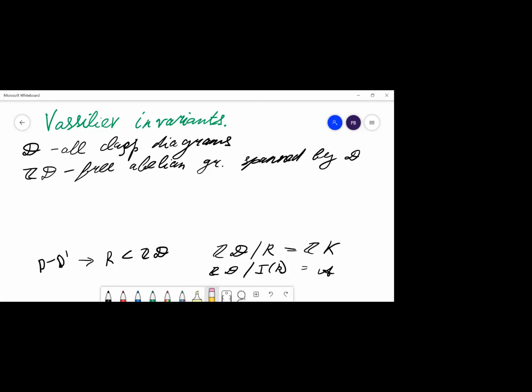And I erased I, but I is just a map that sends a diagram to the sum of all its subdiagrams. We can also have a quotient.